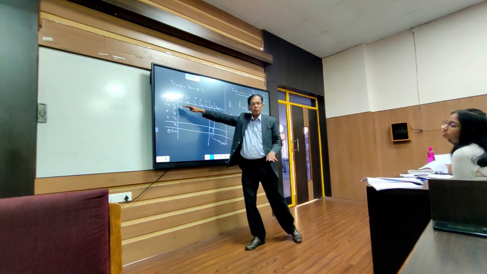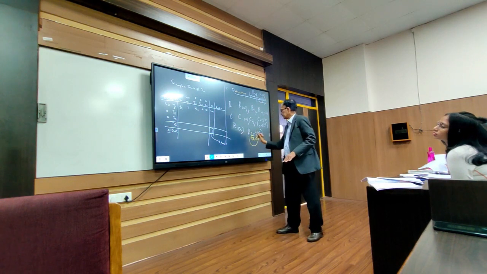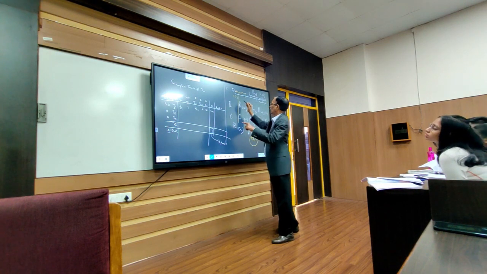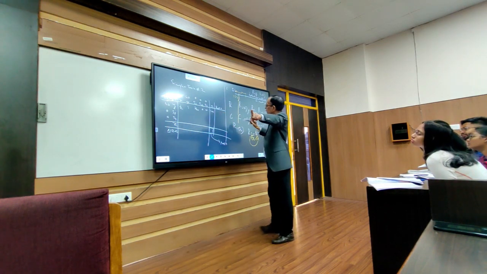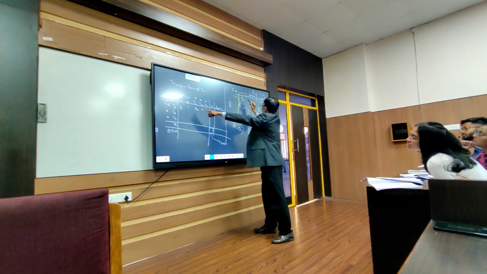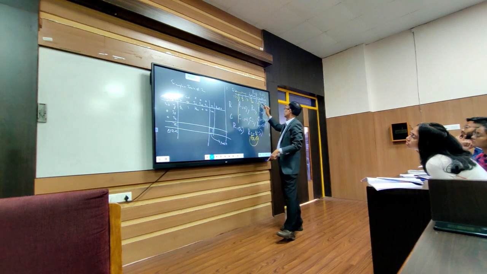Here we will multiply by minus 5. This is first row into minus 5. What will come? Minus 5 by 2, minus 5, minus 5 by 120, 0, 0 and this is minus 5.